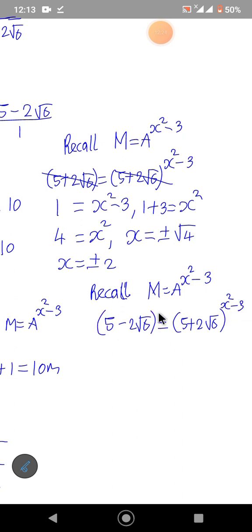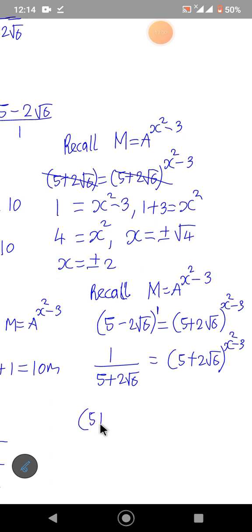Now this is the same thing as raised to the power of 1. Then we know that 5 minus 2 root 6 is the same thing as 1 all over 5 plus 2 root 6, which is the same thing as 5 plus 2 root 6 raised to the power of minus 1. So 5 plus 2 root 6 raised to the power minus 1 equals 5 plus 2 root 6 raised to the power of x squared minus 3.